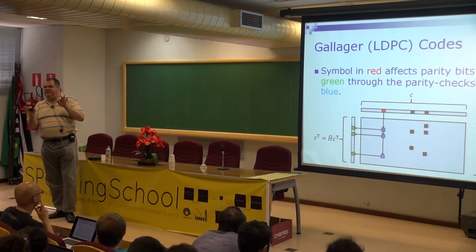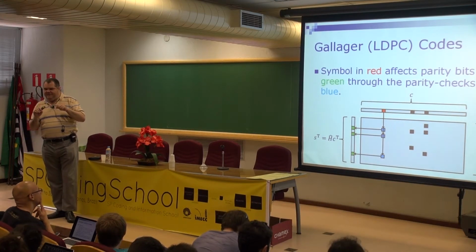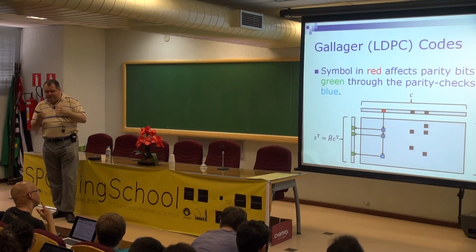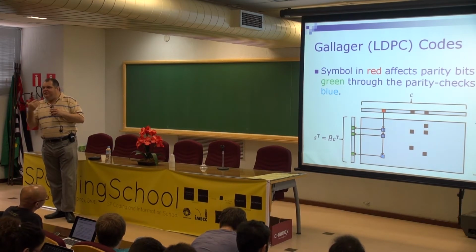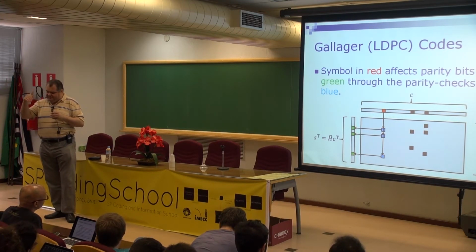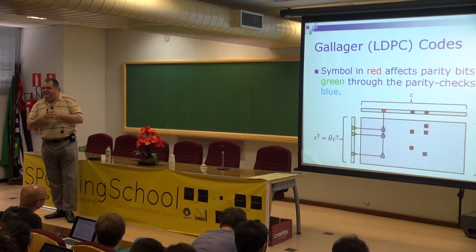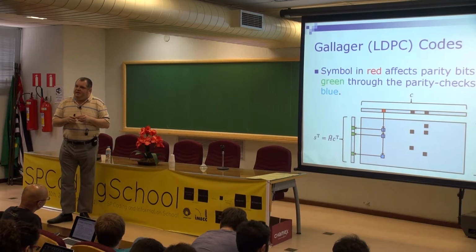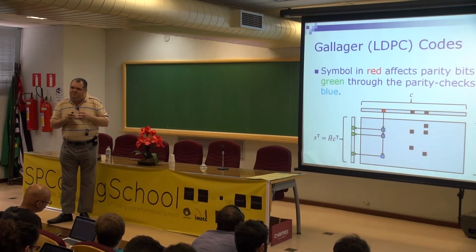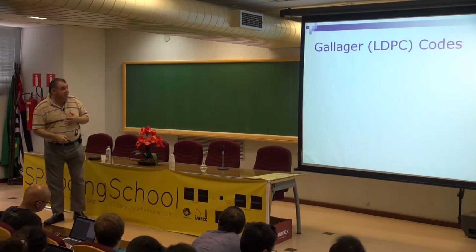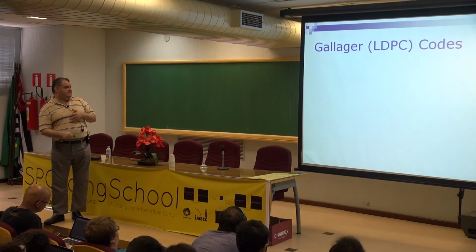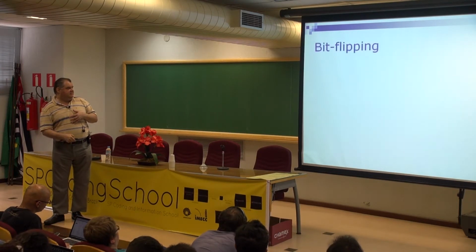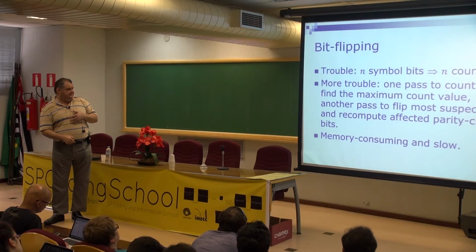We can filter our generated code to decrease the probability of finding a loop condition here. And so what is the result of all this? Okay, let's skip all this. It's called bit flipping. Okay.